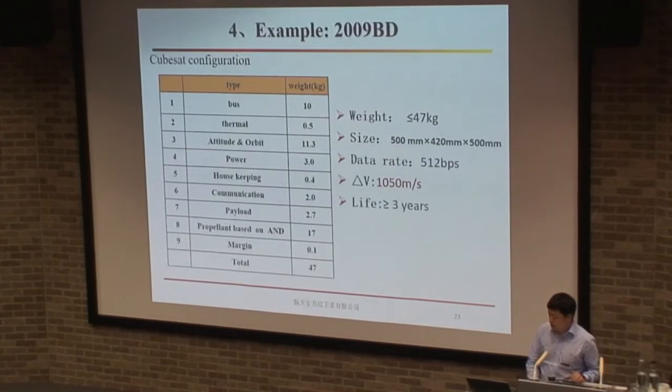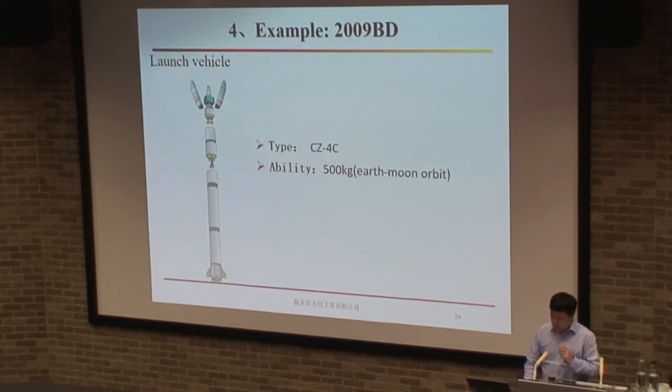We believe 150 kilogram spacecraft can apply about 1 kilogram per second weight. Finally, we choose a launch vehicle. We choose a Chinese launch vehicle, 4C.